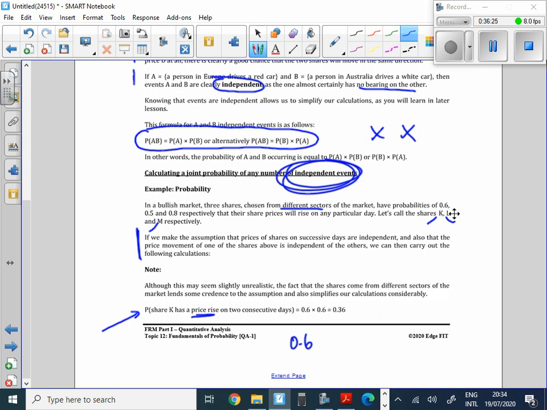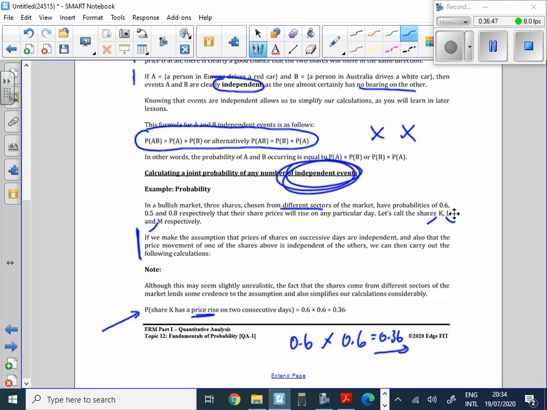What's the chance of it going up on day 2? Well, it's not linked to day 1 at all, so I don't have to consider the relationship from day 1 to day 2, and I just go 0.6 times 0.6. In other words, there's a 0.36 probability that share price K, being an independent event, will rise on 2 consecutive days.